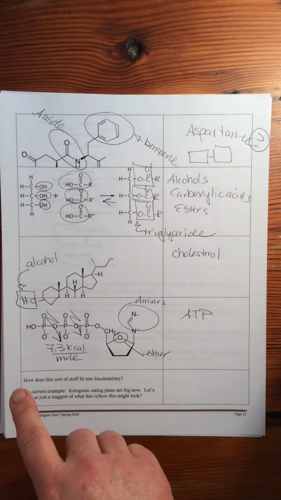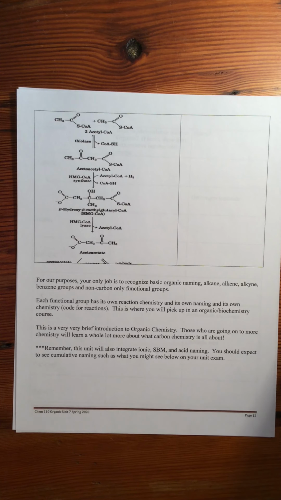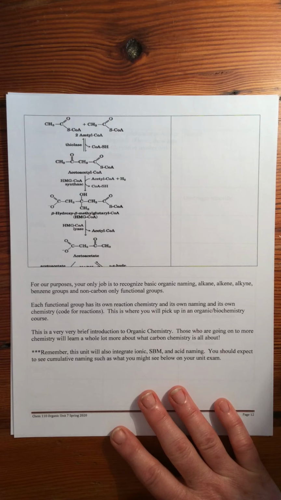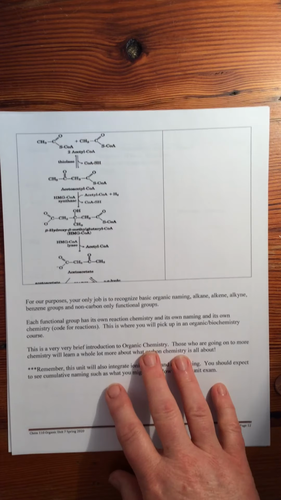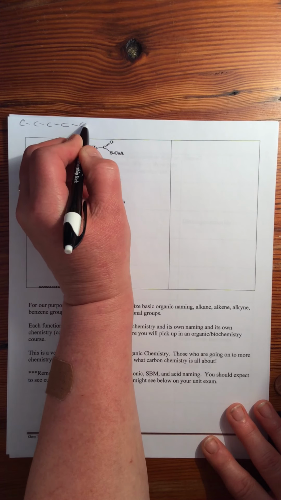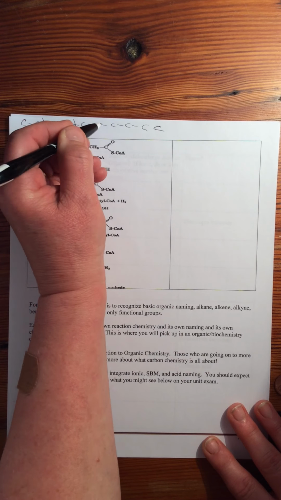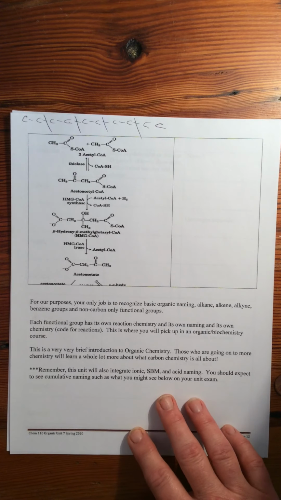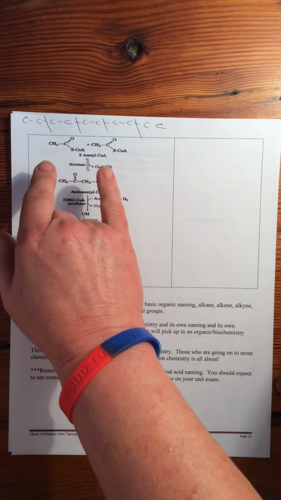All right, so how does all this stuff fit into biochemistry? Here I gave you a little nugget of a biochemical pathway just to whet your appetite. Ketogenic eating plans are big right now, and this is just a nugget of what this might look like. What happens is you consume a whole bunch of carbons in the diet. Your body will chop it up into 2 carbon pieces in a process called beta oxidation, and what you end up with is a whole bunch of these 2 carbon pieces, which are shown right here.